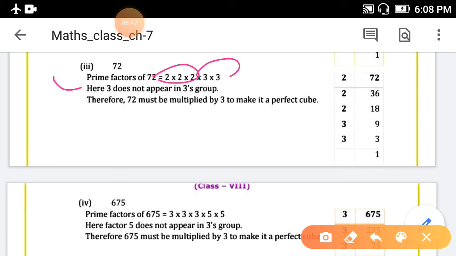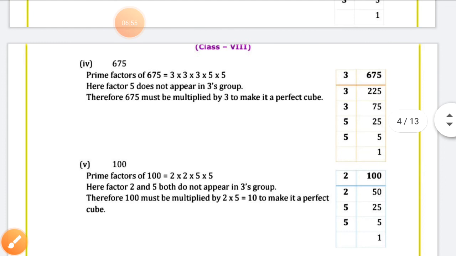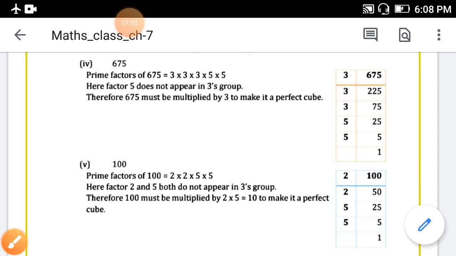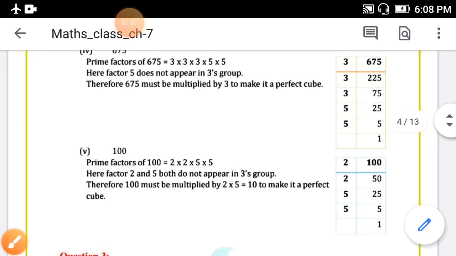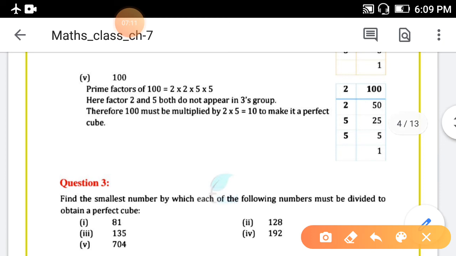First group, second group. The first group is completed. In the second group 3 does not appear in a 3s group. So the given number must be multiplied by 3. 675. Here prime factors. First group completed. Second group 5 into 5. So 5 does not appear in a 3s group. So you have to multiply the given number by 3 to make it a perfect cube.